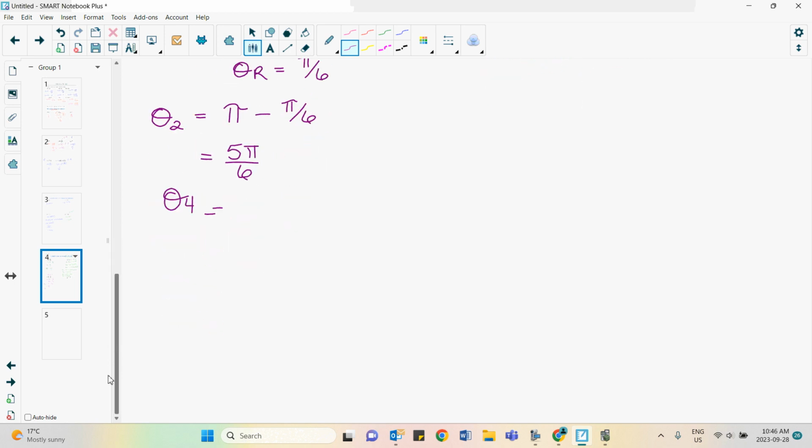So this one's going to be 2 pi minus theta reference. That's supposed to be an R, everybody. So 2 pi minus π/6. This would be 12π/6, so the answer would be 11π/6. So you can math it out even if you don't have that unit circle memorized.